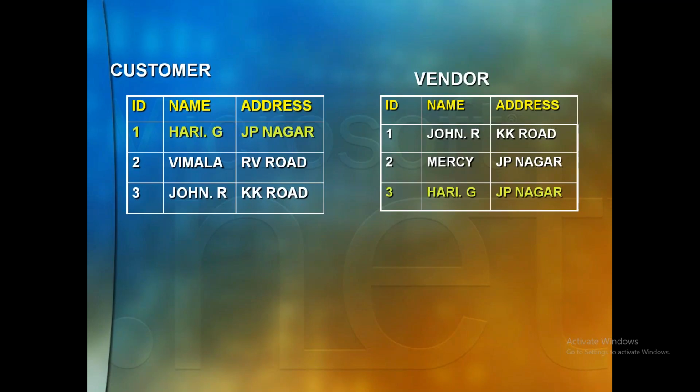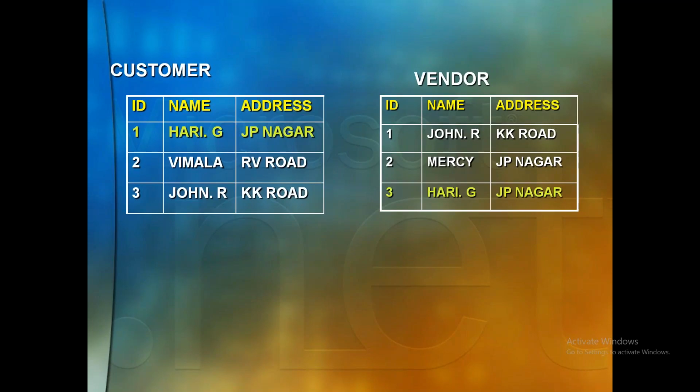There is no primary key foreign key relationship between these two tables. It is ID primary key in this table, and ID primary key in this table. These two are independent tables. Clear? But I wanted to get name, address from this table and name, address from this table. I wanted to get name comma address from both tables.